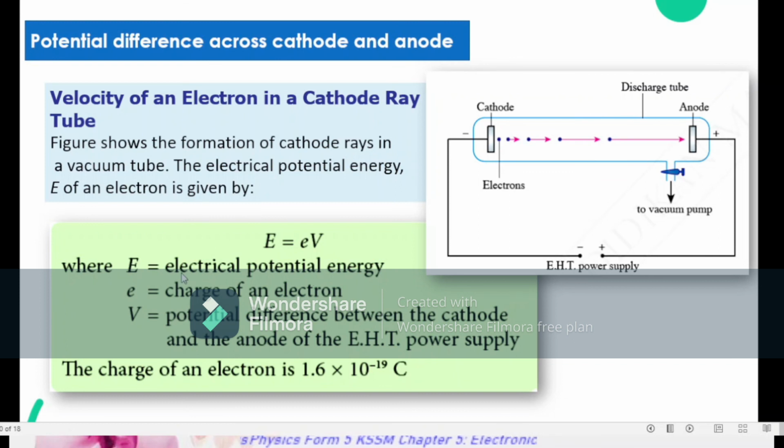Thus, the electrical potential energy of one electron is equal to eV, where the small e is the charge of one electron. So capital E here is electrical potential energy for one electron.